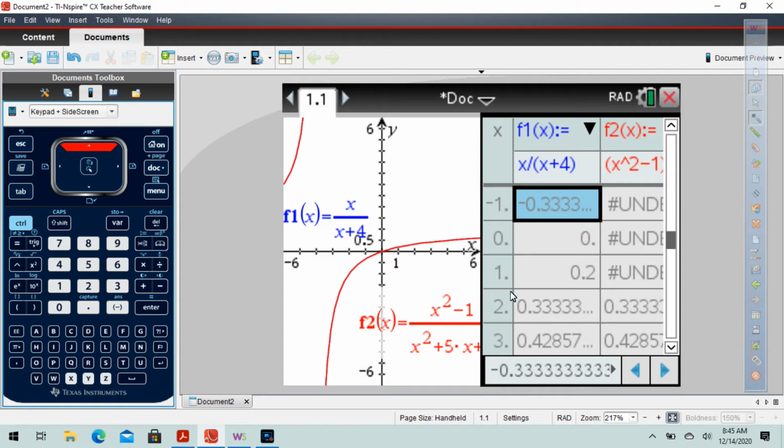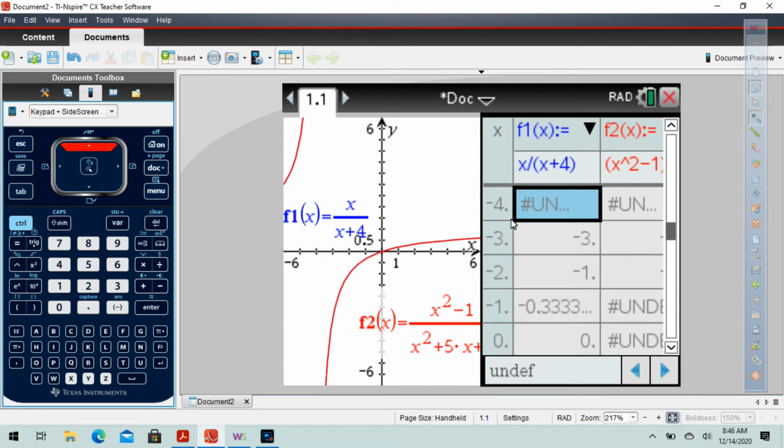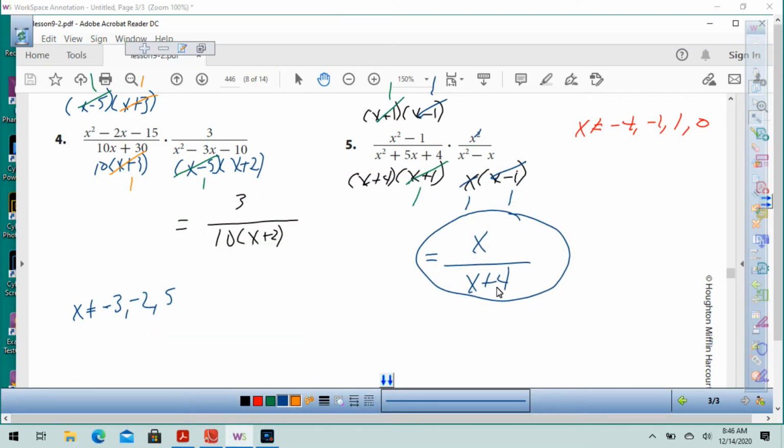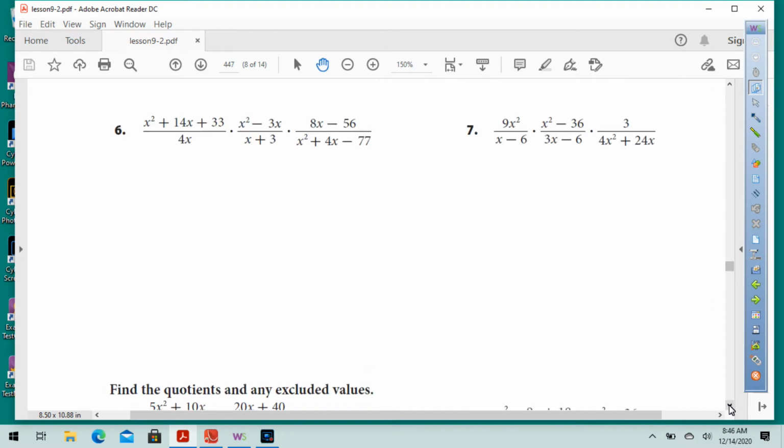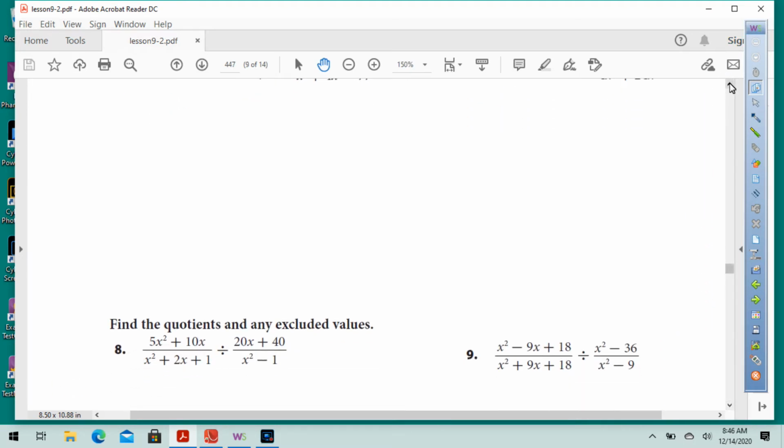At negative 1 and 0, it's undefined on both. Now when we get over here to negative 4, it's undefined on both. And that makes sense because that's the only one left. That's why you need to do these up front, before you do all the simplifying.